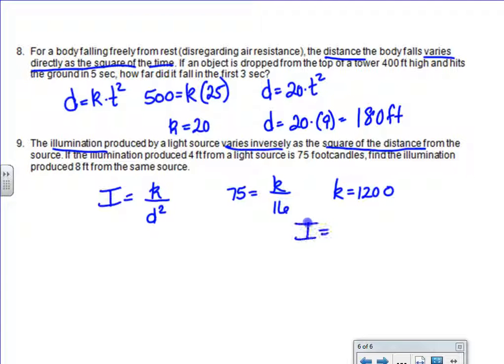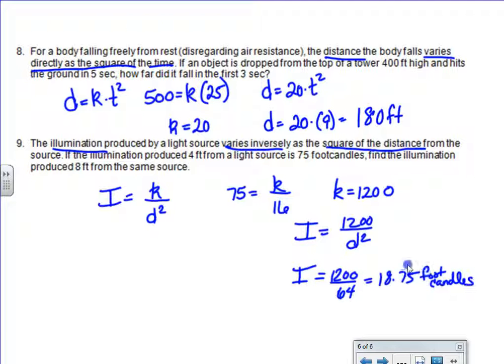My new equation is illumination is 1200 divided by distance squared. And they want me to find the illumination if I am 8 feet from the light source. So distance squared would be 64. And we get 18.75 foot candles. I'm not really sure what a foot candle is, but I kind of have an idea. It's the measurement of how bright the light is depending on how far away the distance is. I'm going with that. Alright, that is the end of lesson 2.1.